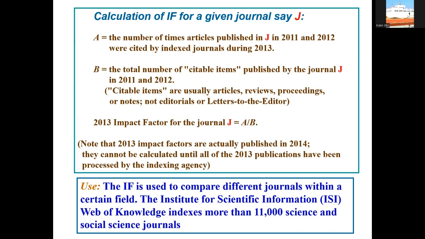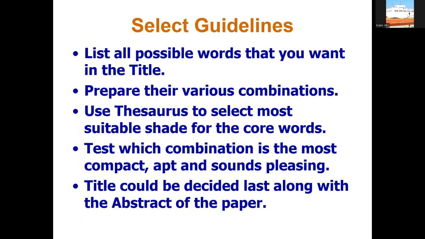Impact factor is used to compare different journals within a certain field. The Institute for Scientific Information, ISI, Web of Knowledge indexes more than 11,000 science and social science journals.